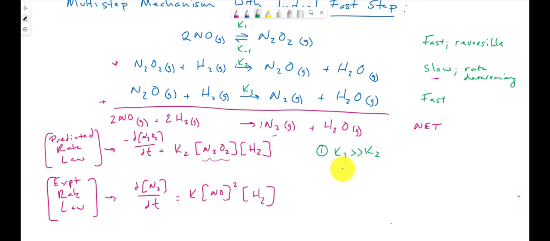So what are the implications of that on the relationship between these two things, the disappearance of that species with the appearance of the other one, N2? Well, if this is super slow, then that means these two products are just trickling out, right?